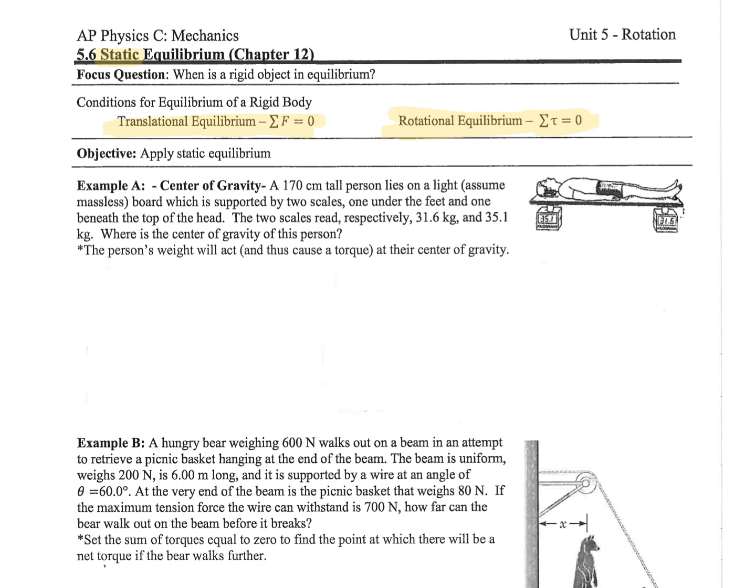Is it further to the right or further to the left? It's heavier to the left, isn't it? On the picture, yes. So basically what we have to think of is this: where is the person's center of gravity going to be?